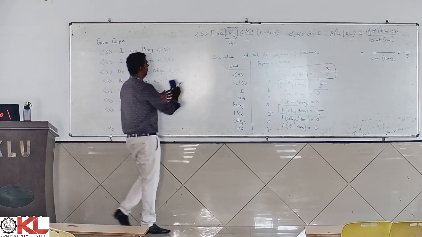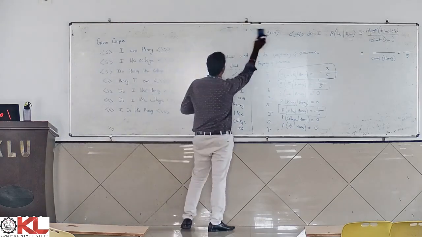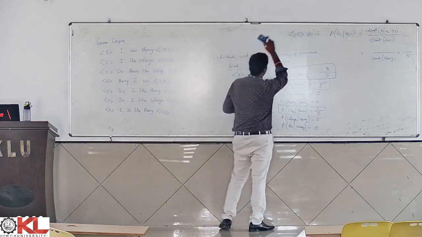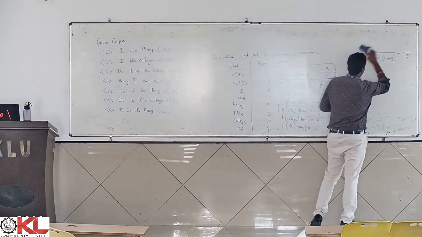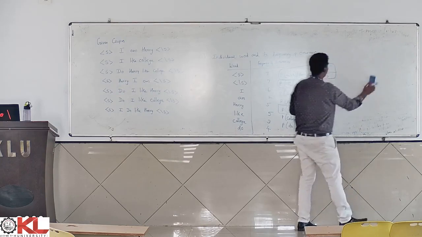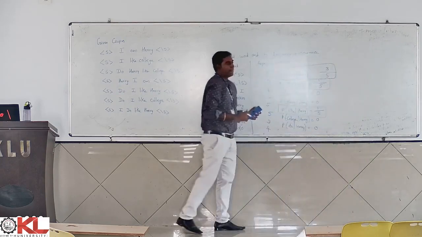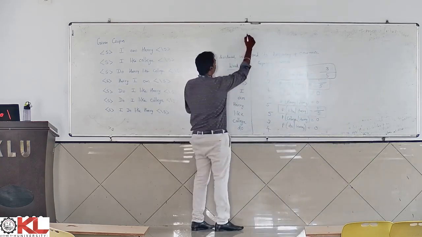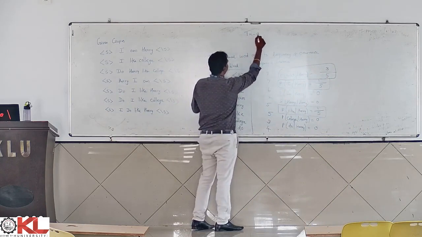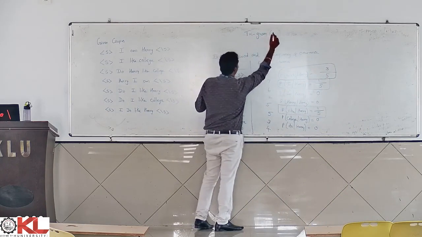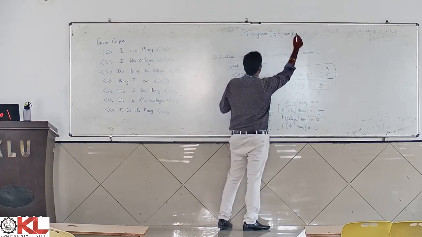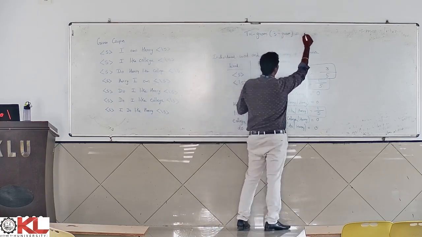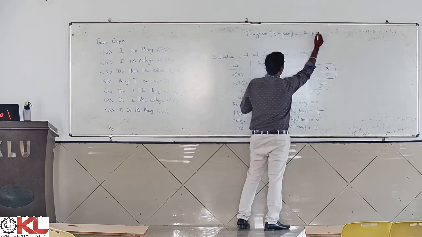First we will rewrite the formula, then after that we will see the problem. What is trigram? I will recollect. In short, we call it the trigram model. It will use a two-previous-word history.